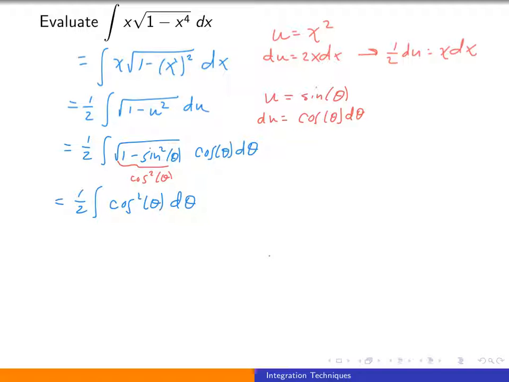Rewriting in terms of the half angle formula, we'll have 1/2 times 1/2, that extra 1/2 that comes from the formula, and then cosine squared is 1/2 times the quantity 1 plus cosine 2 theta d theta. Antidifferentiating term by term, 1/4 times the quantity theta plus 1/2 sine of 2 theta.